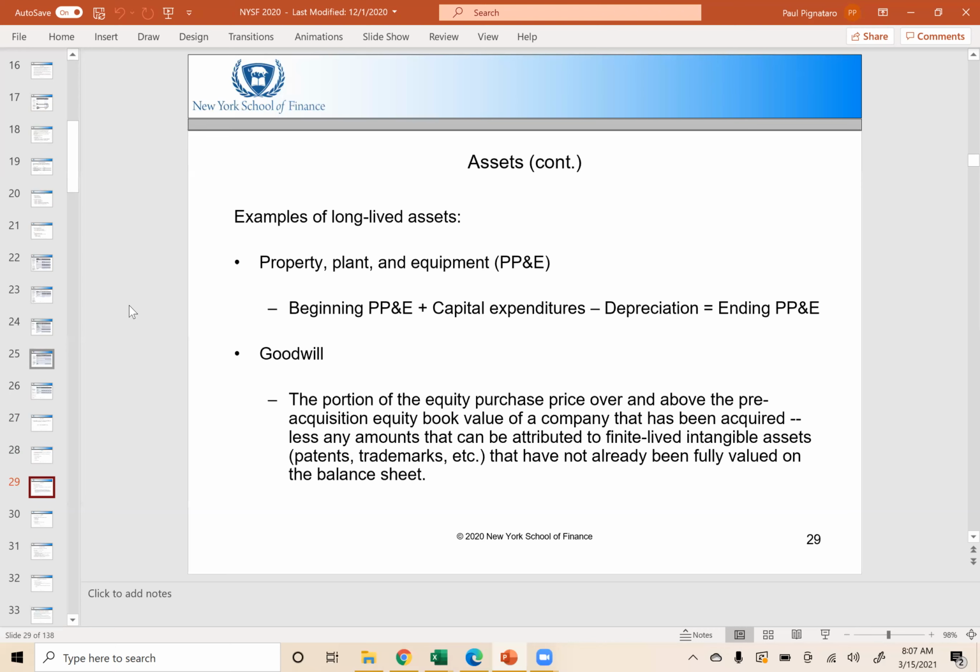Why'd you pay $3,000? Why'd you pay $500 more? Now you know why, because there's other people bidding on the car and things like that. But from an accounting perspective, you can't record the value of the car at $3,000. You got to record it at $2,500 because that's the value of the car. That difference is goodwill.